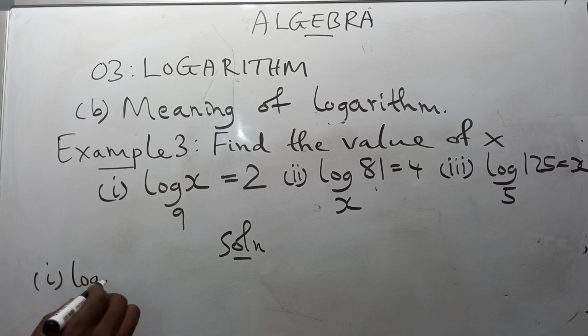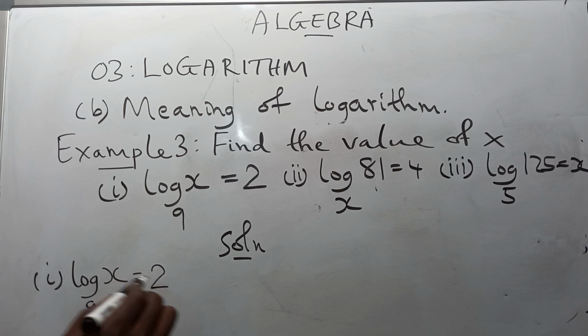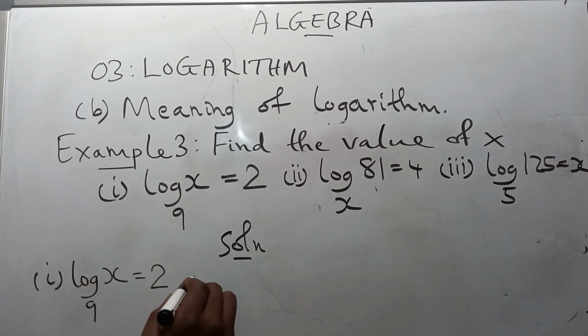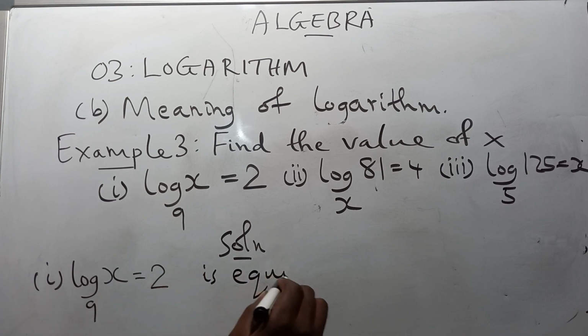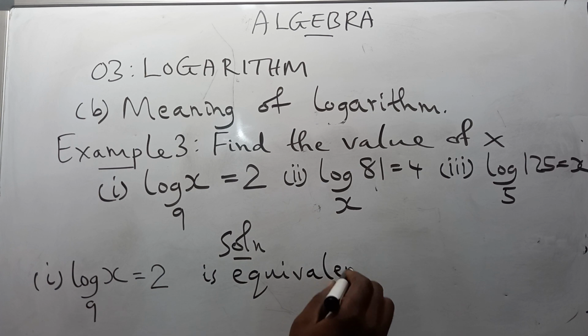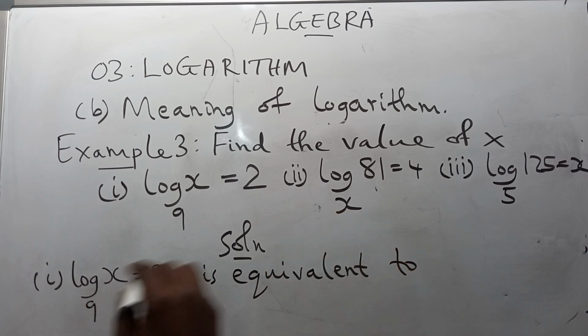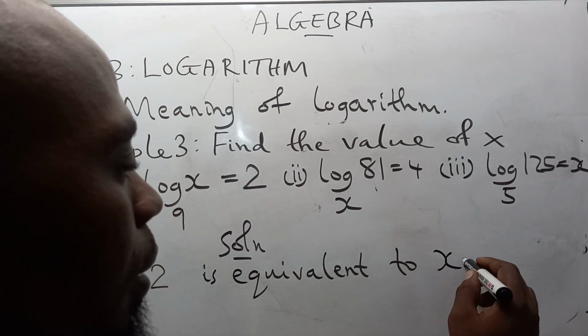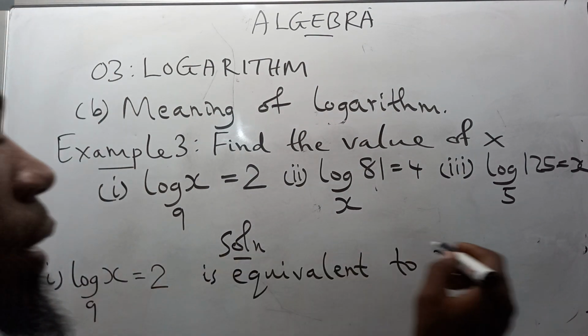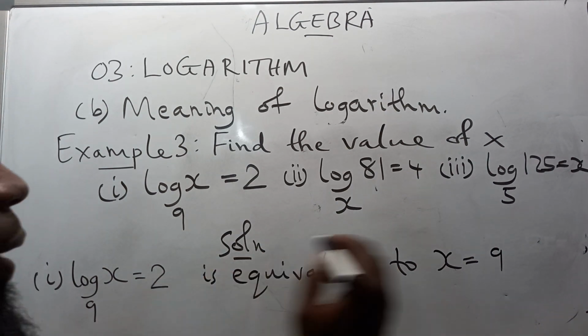Solution. Part 1: log of x to base 9 is equal to 2. In order to find the value of x, first we must write this logarithm in its equivalent exponent form. The given number is x, the base is 9, and the power is 2.